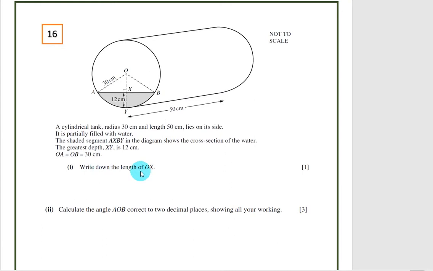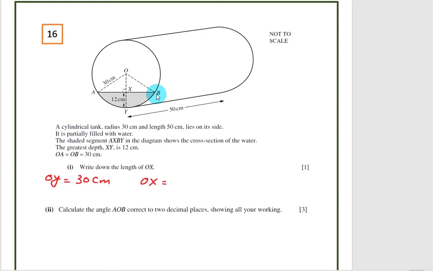Write down the length of OX. All of the three lines here, OA is a radius, OY is a radius, and OB is a radius. So OY is equal to 30 centimeter.